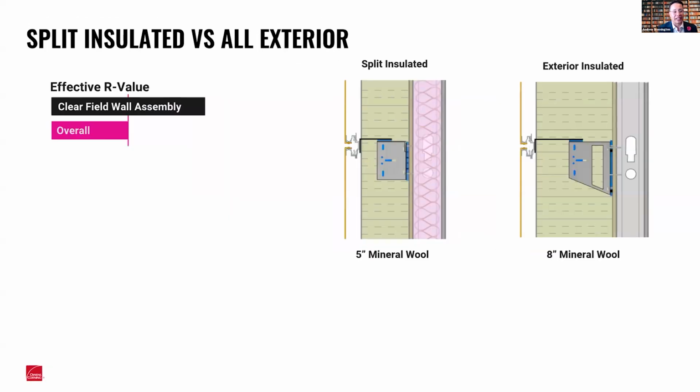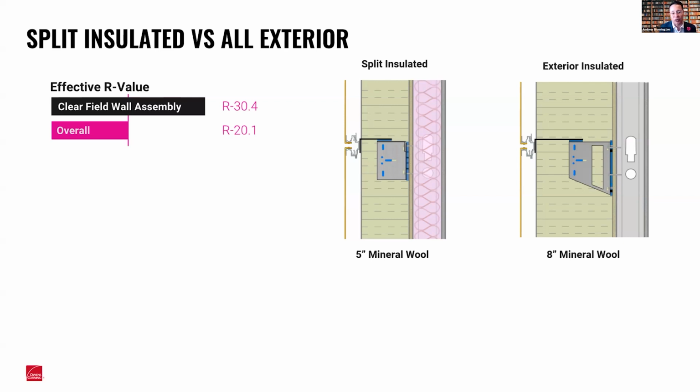Well, the reality is you can see sometimes you don't always need an extremely thick wall, because if you take a look at these two assemblies, they both have a clear field value of R30.4, both overall 20.1, but we only use 5 inches of, say, mineral wool on the exterior. Now, it's going to vary between the types of insulation. Every insulation does have its place.